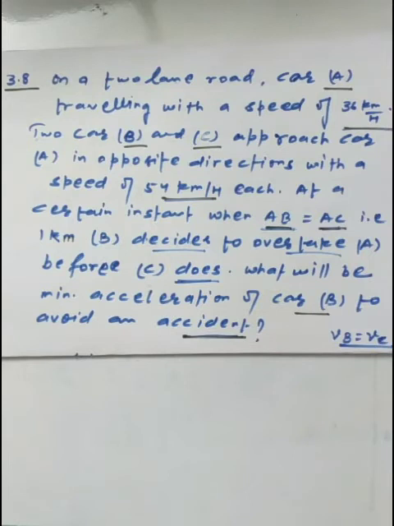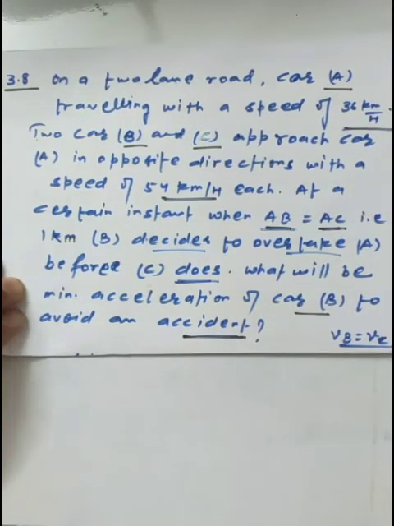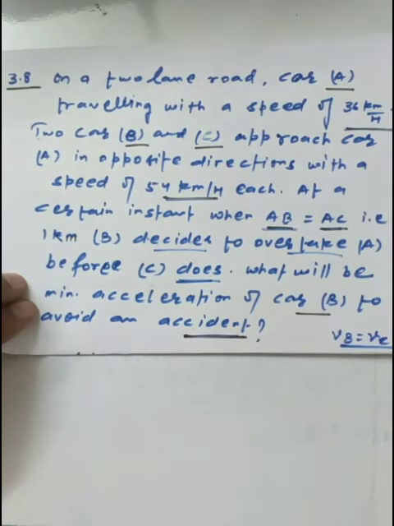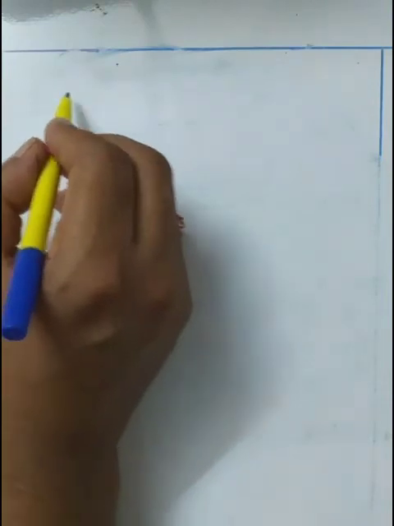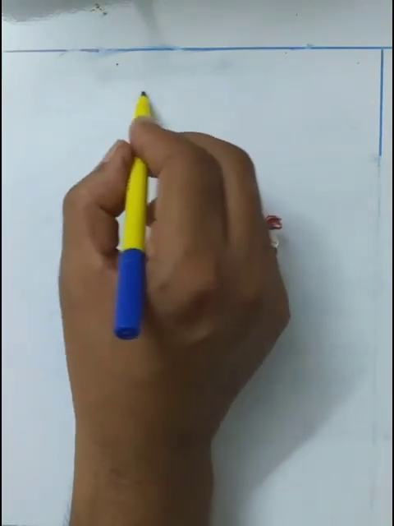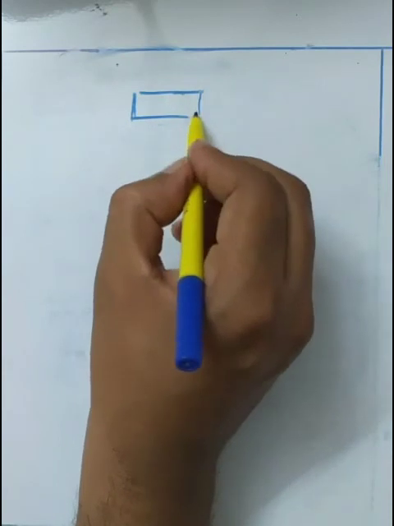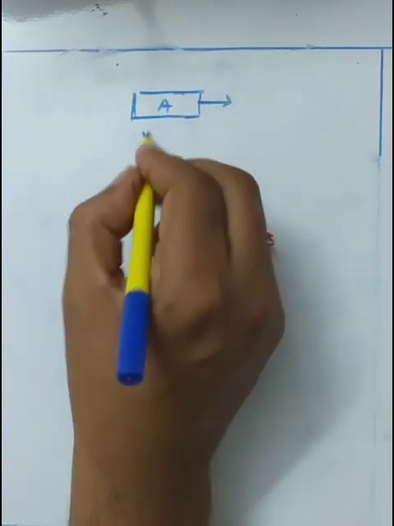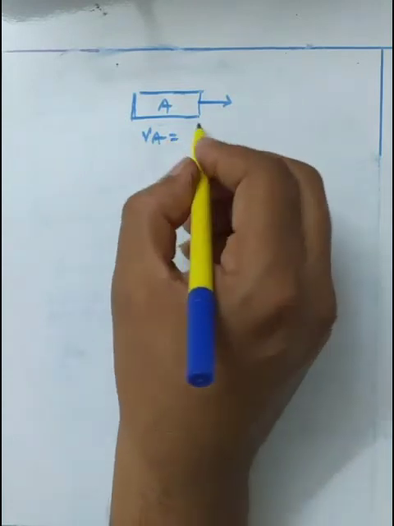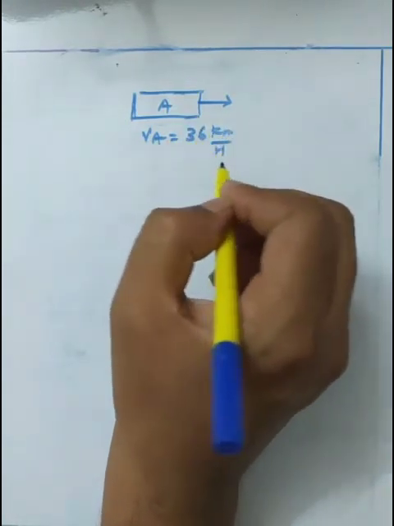So how do we approach this situation? I am showing a basic diagram so you can understand the physical situation, what is actually going on. On a single lane road, this is car A, and its velocity VA is given, that is 36 km per hour.